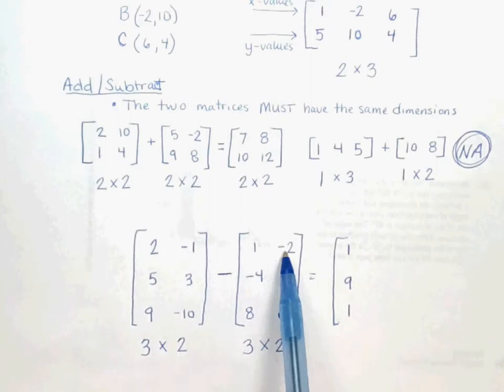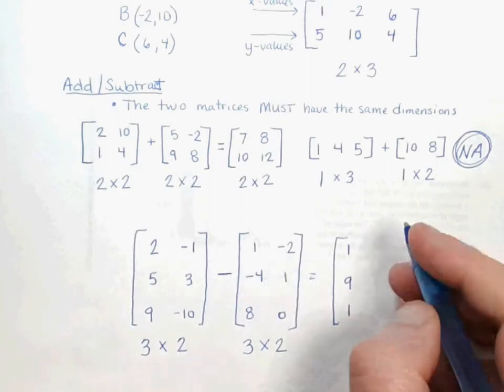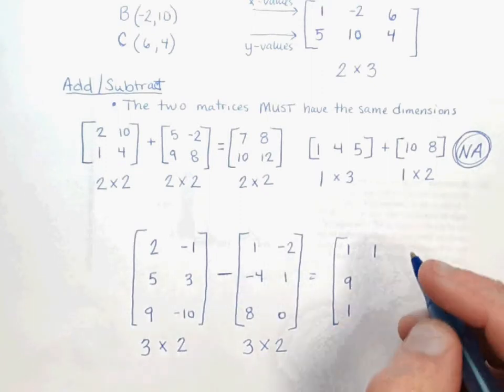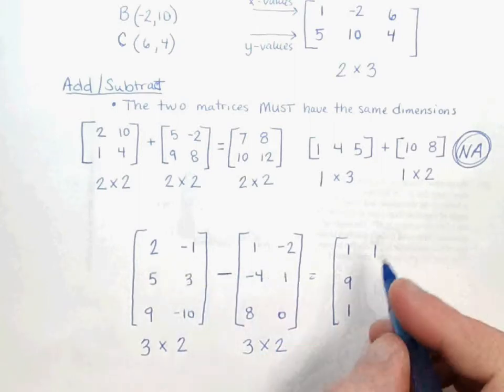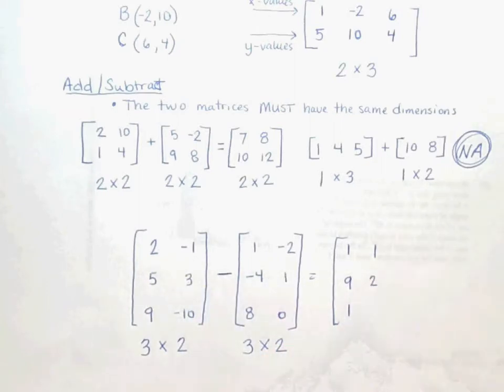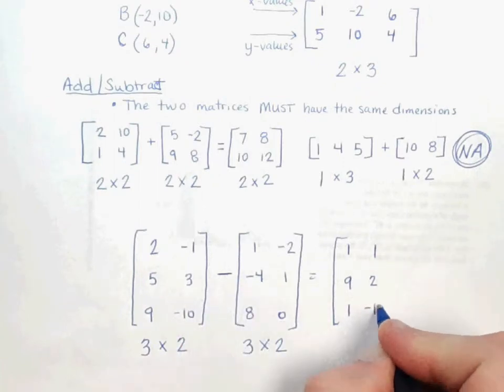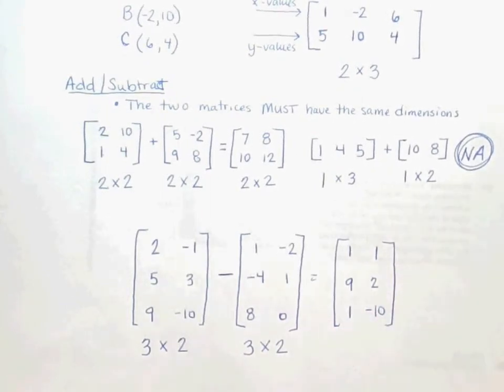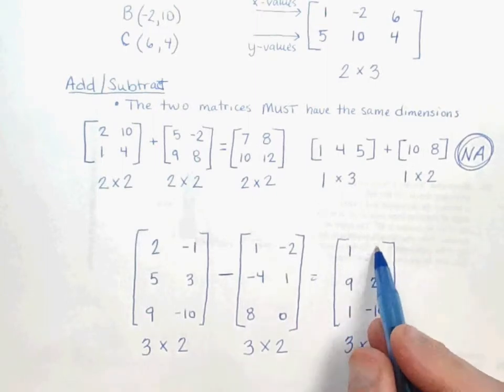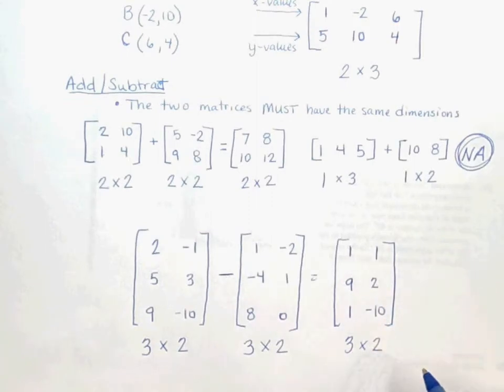Negative 1 minus negative 2 would be positive 1. 3 minus 1 would be 2. And negative 10 minus 0 would be negative 10. So this would be our answer matrix, and it is also a 3 by 2.